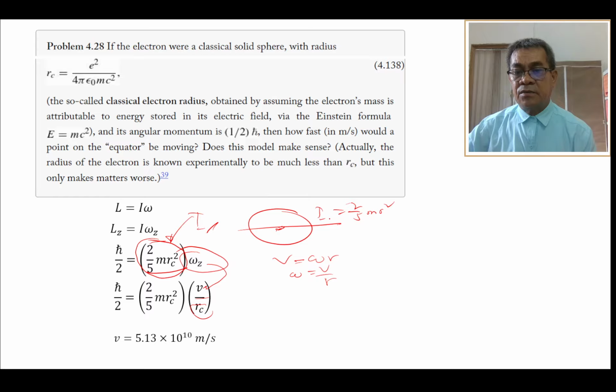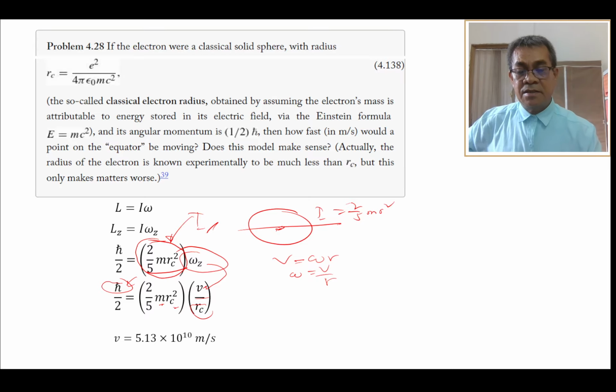Take note that h bar is in terms of Planck's constant over 2 pi. Then we have the mass of the electron, which is given in the problem. So the only unknown is v, and by calculation this is 5.13 times 10 raised to 10 meters per second.